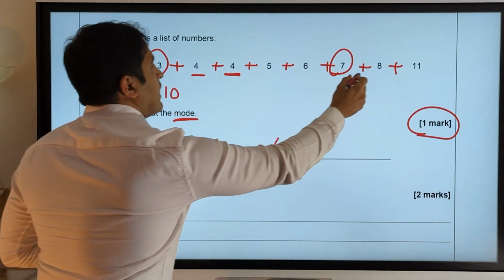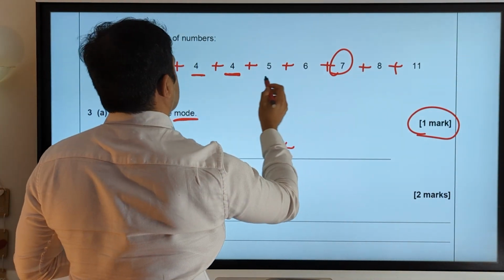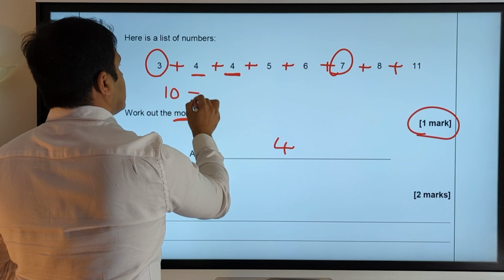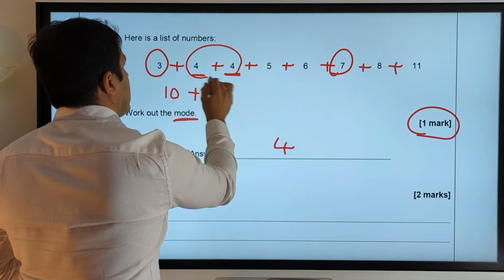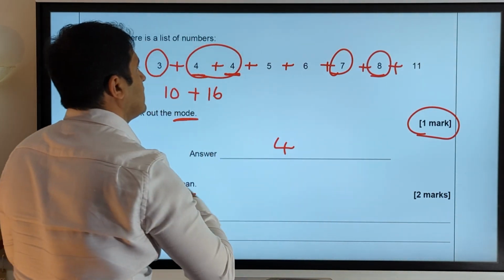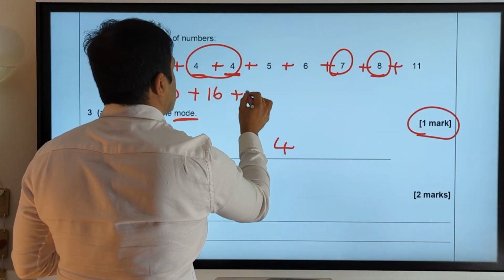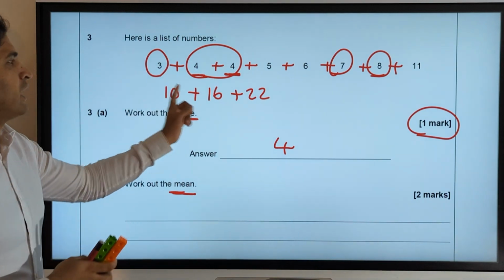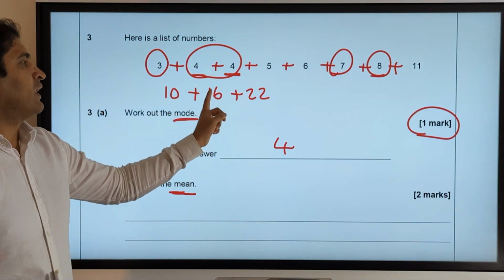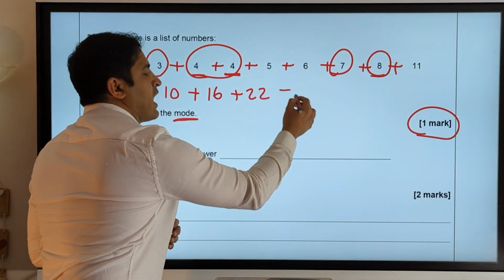Then I'll have 5, 8 and 8, that's 16. And then I'll have 11 and 11, that's 22. So altogether, I would have 48.